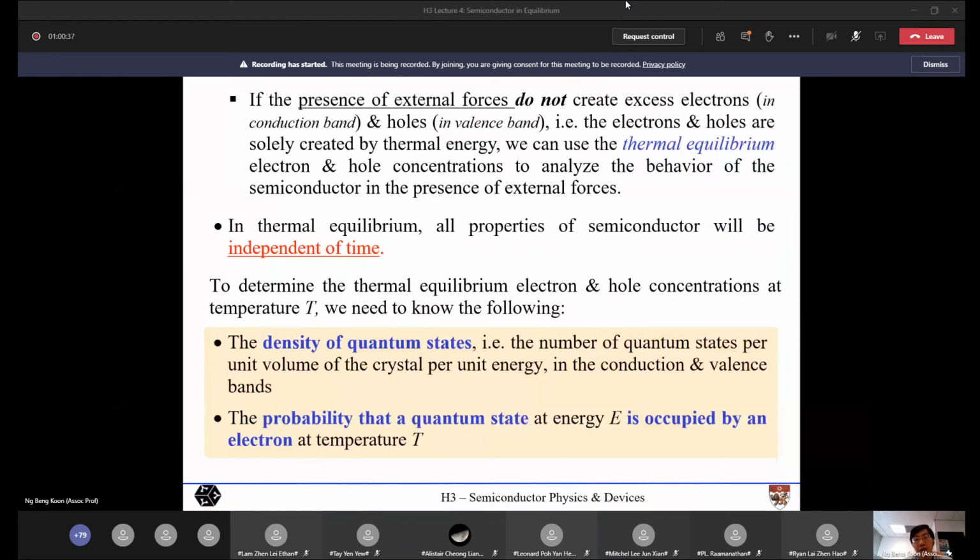Then you can estimate the number of electrons in the states. It's like statistics, finding the expectation of a random variable, for those who have done probability and statistics in your math course. So it's like finding the average or the expectation of a variable. We're going to first start by talking about this probability, then we'll move on to the density of states.